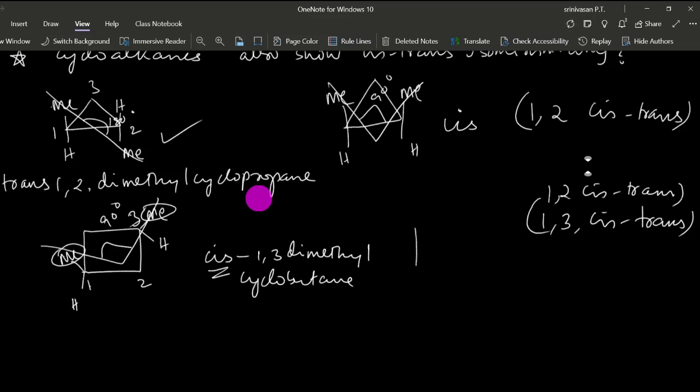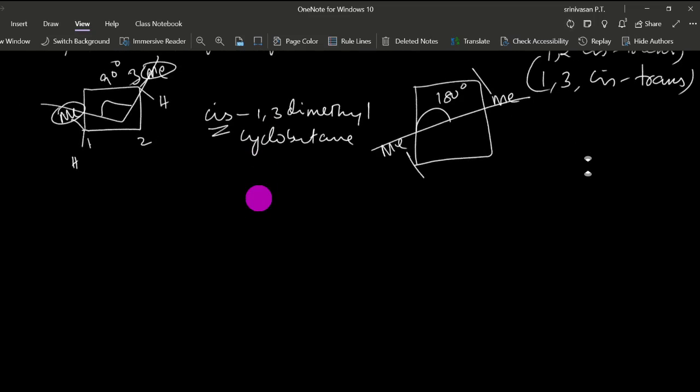How do you draw its trans? You have the cyclobutane ring, here you will have the methyl group and here you will have the methyl group, one up and one down, which is 180 degree. So this is 1 3 cis-trans. Like this you can draw for any compound.